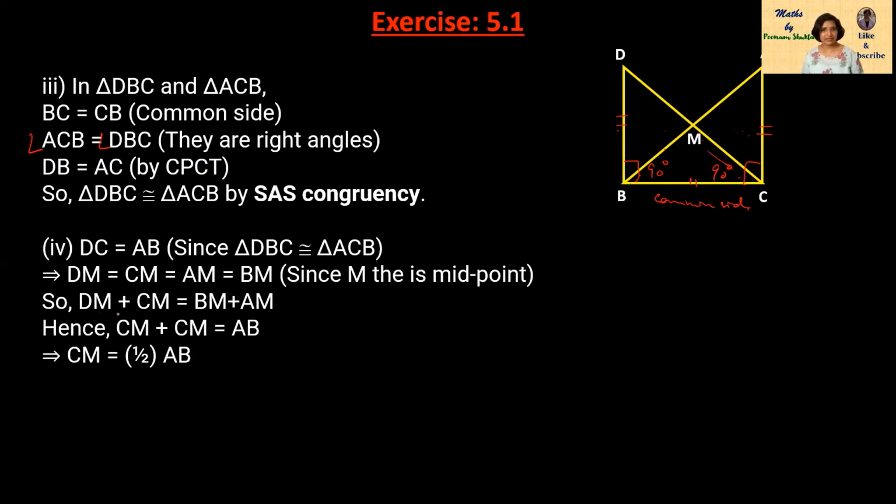Here you can write CM twice, because DM equals CM. So 2CM equals AM plus BM, and AM plus BM makes AB. So 2CM equals AB, then CM equals half of AB.